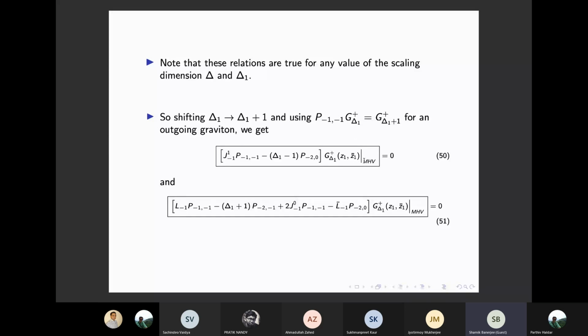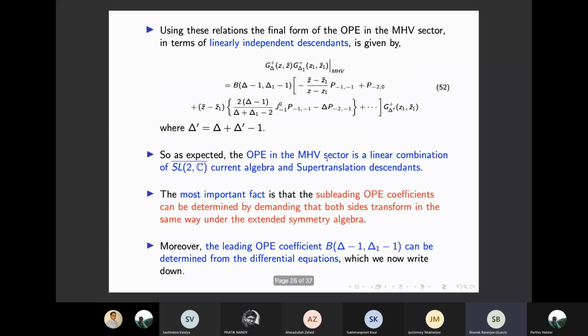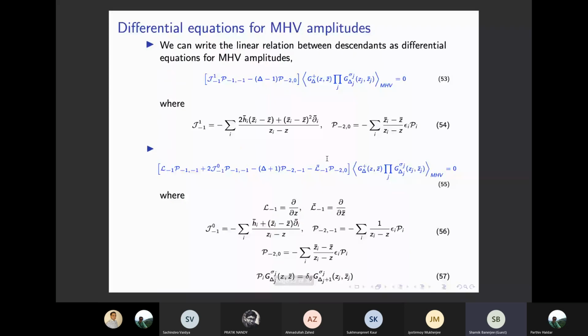So you can take this thing and insert it inside an MHV amplitude, and then this becomes this, where these differential operators have this particular form.